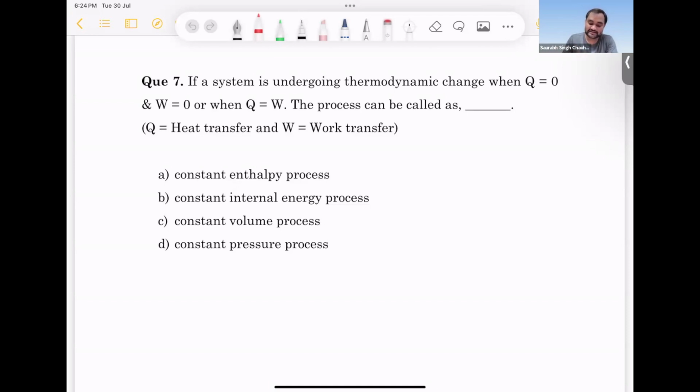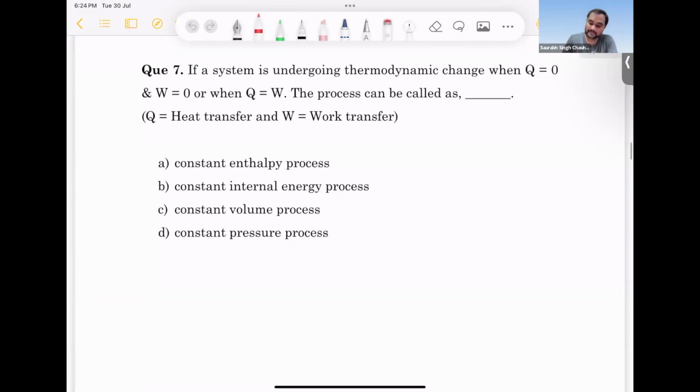So let us analyze this process. It is saying Q is equal to 0. That means there is no heat transfer, and processes with no heat transfer are called adiabatic processes, right? And W is equal to 0 means that there is no work involved.